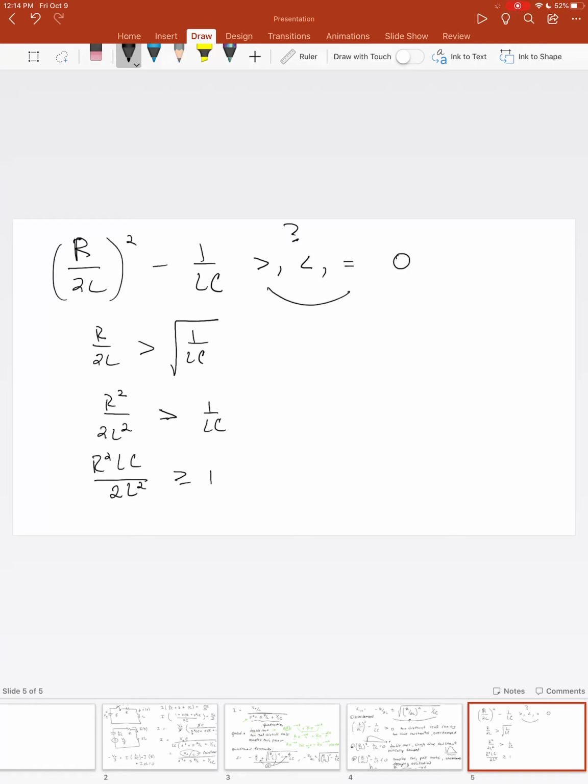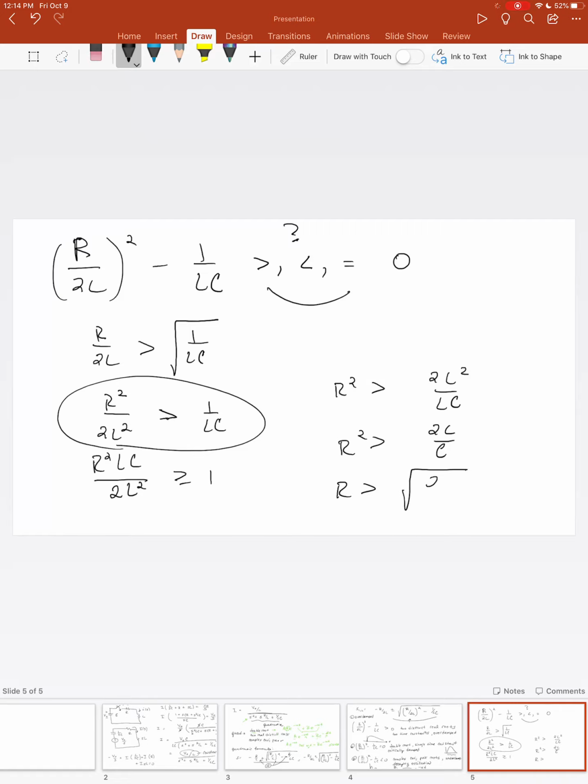You could get some L's to cancel. Just for fun, let's isolate the resistor. So R squared is greater than (2L) squared over LC, R squared greater than 2L over C, or R is greater than the square root of 2L over C.